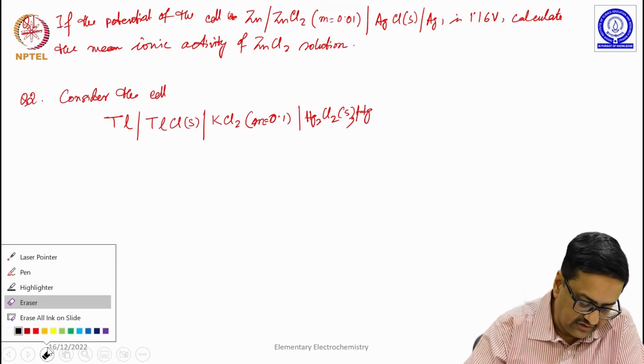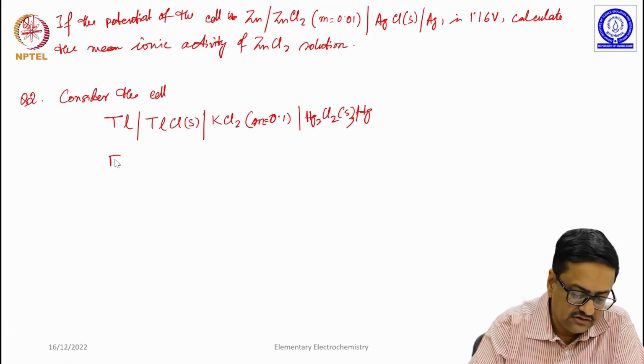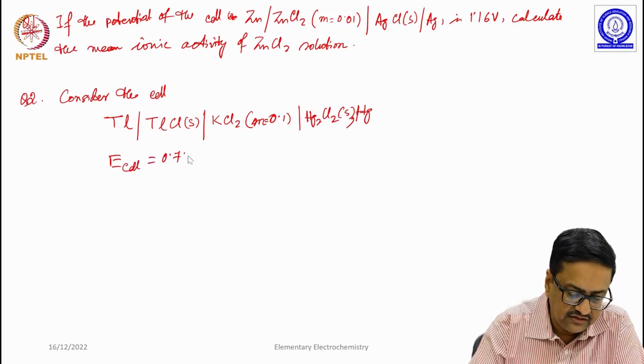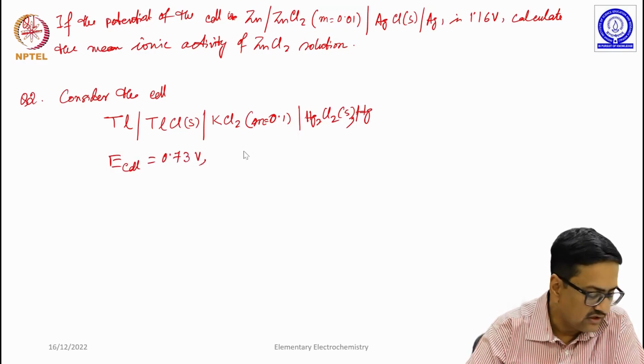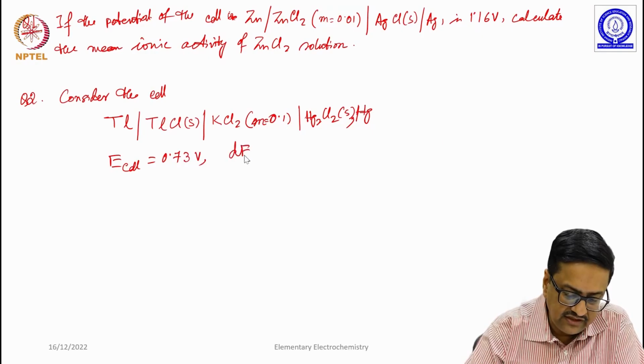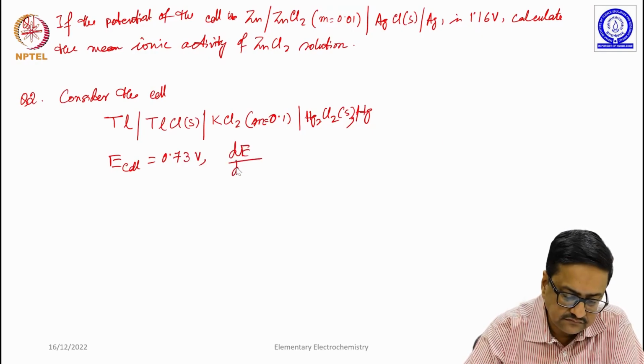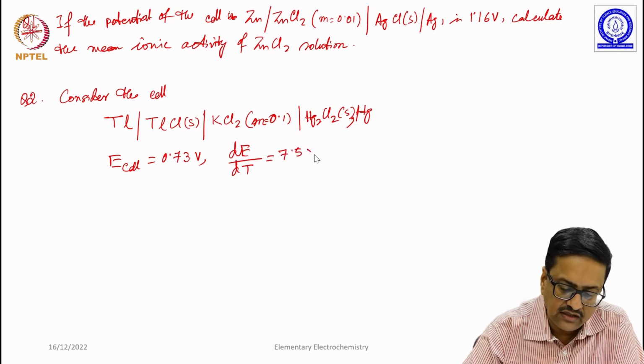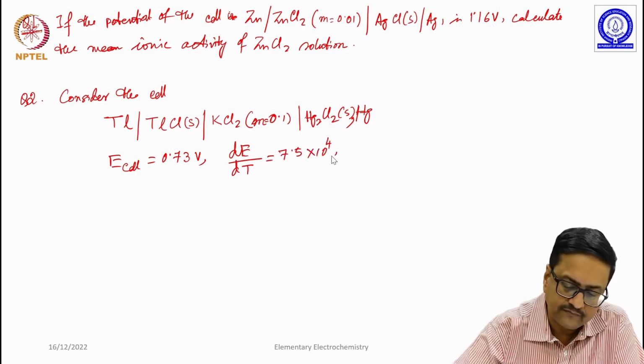The value given is the E cell as 0.73 volt and dE/dT equal to 7.5 into 10 to the power minus 4.